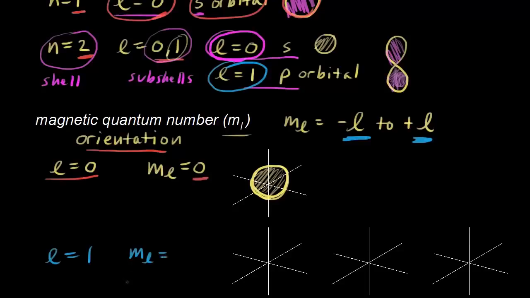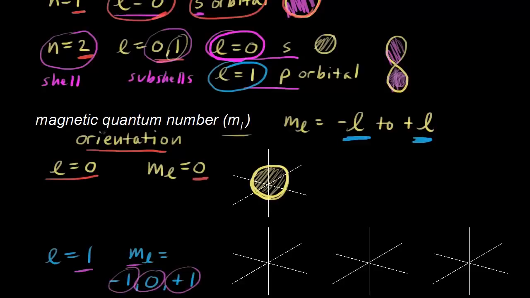So we can have negative 1, 0, and positive 1. So we have three possible values. So when L is equal to 1, we have three possible values for the magnetic quantum number. So 1, 2, and 3.